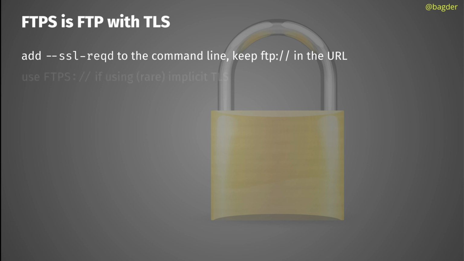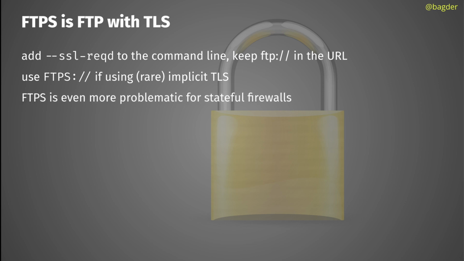So you can be sure that it will still use FTPS, the secure version. You can also use ftps://, but that's called implicit TLS, and that's actually rarely supported by servers. You can try it with your server, but it will most likely fail, because that's another, more non-standard way to do it.